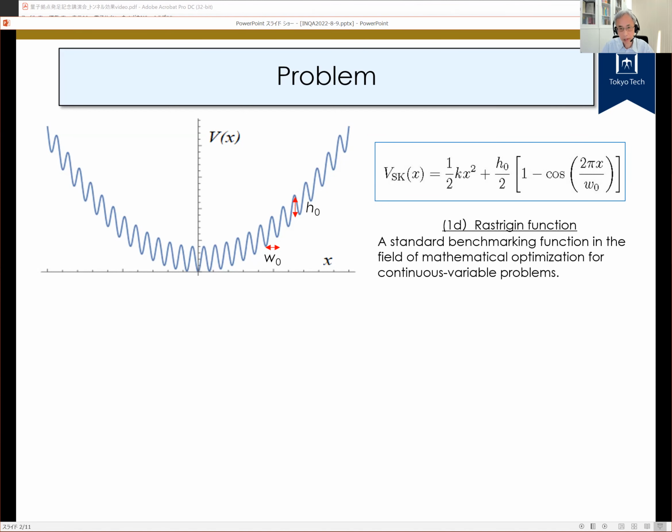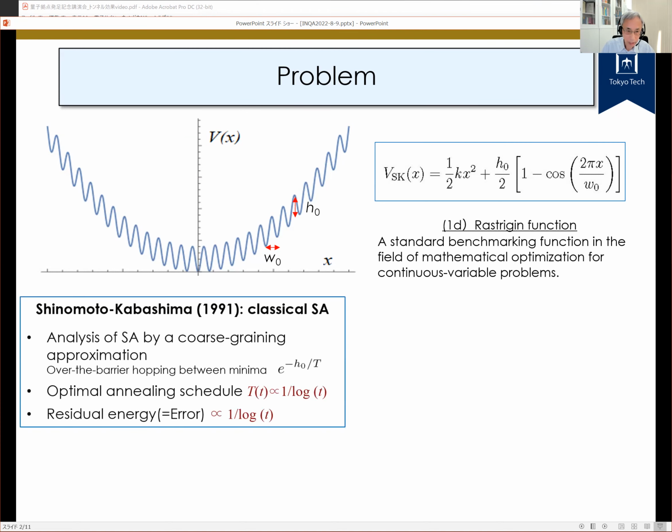So let's try to see what quantum annealing can do on this standard problem. And indeed, this problem was already studied almost 40 years ago by Shinomoto and Kabashima in the context of classical simulated annealing. And they analyzed the performance of simulated annealing by a coarse graining approximation.